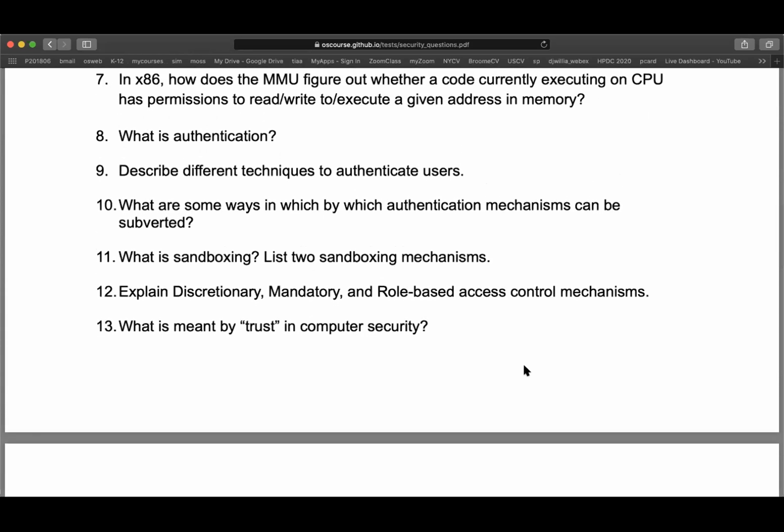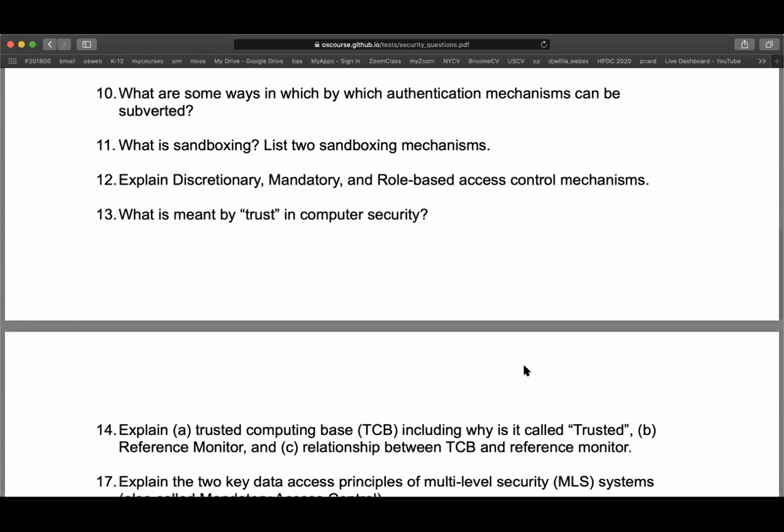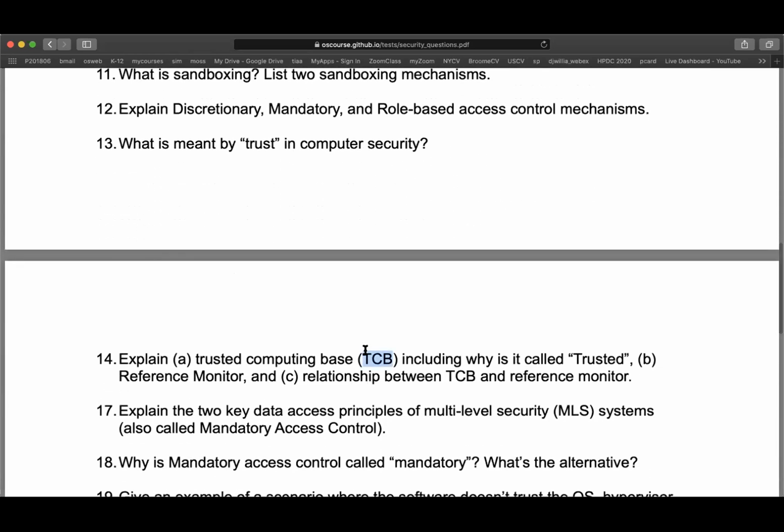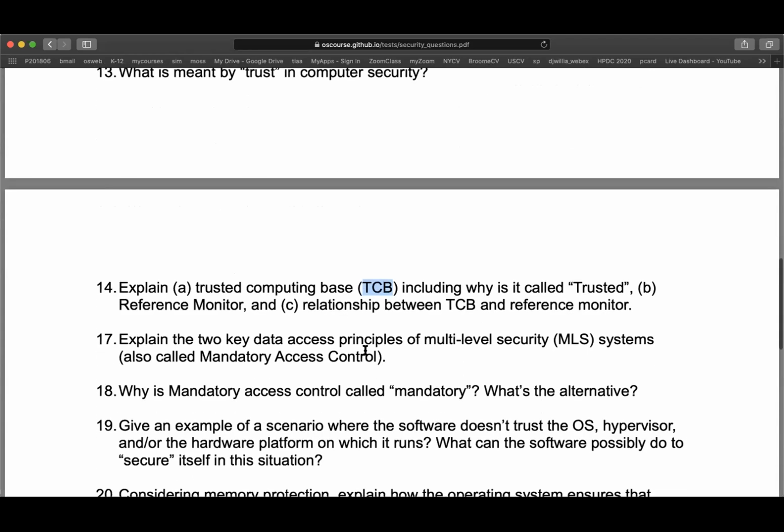So that's also important. No read up, no write down principles, and the idea of a trusted computing base, TCB. What is a trusted computing base? What does trust mean? And what's a reference monitor? Why are these important?